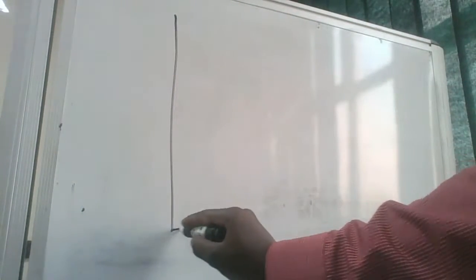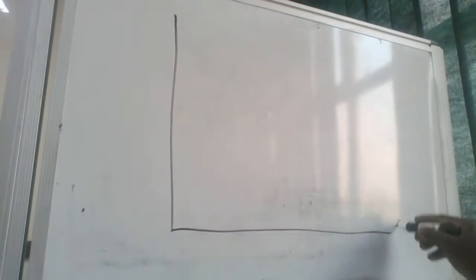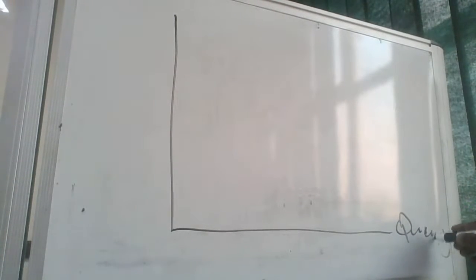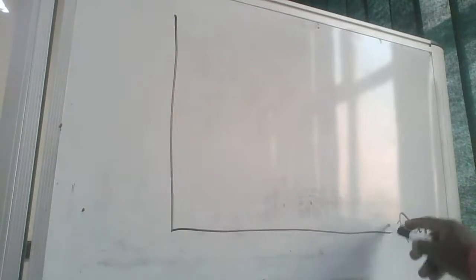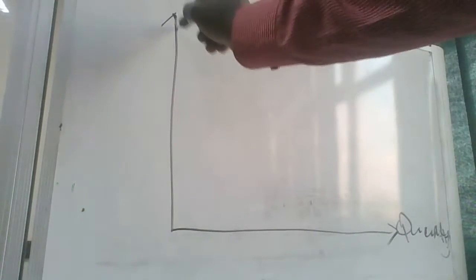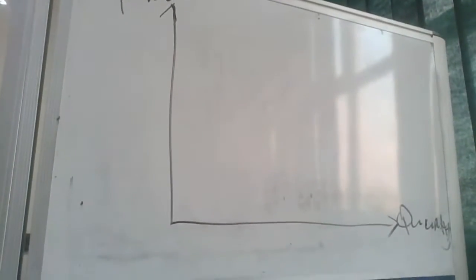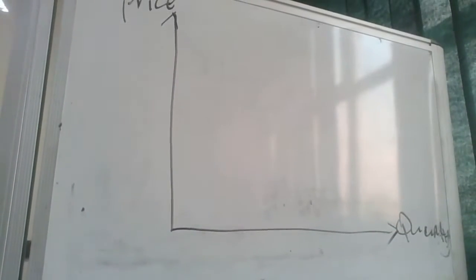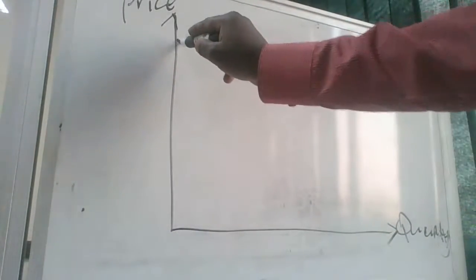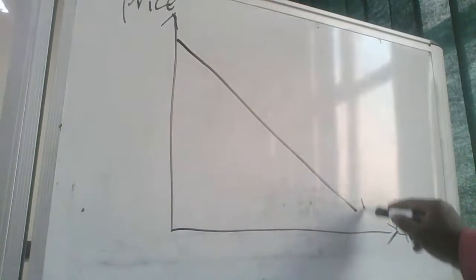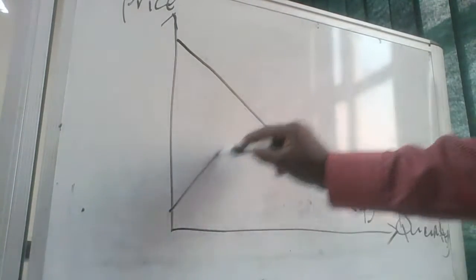When we are plotting, we want to show equilibrium. We said we put quantity on the horizontal axis and the price on the vertical axis. From the two theories that we've examined, we saw that demand is downward sloping while supply is upward sloping.